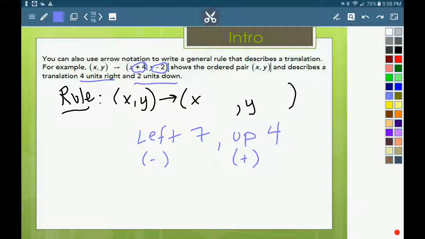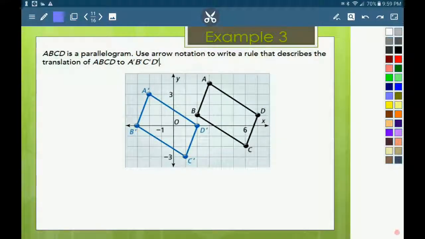Left and right goes with x, up and down goes with y. So I should have x - 7 and y + 4. So the words interpret to what goes inside of the parentheses. The rule will always be set up the same way: (x, y) goes to x with something added or subtracted from it, and y with something added or subtracted from it. So let's apply this in our third example.